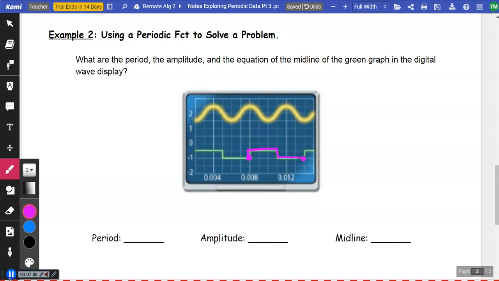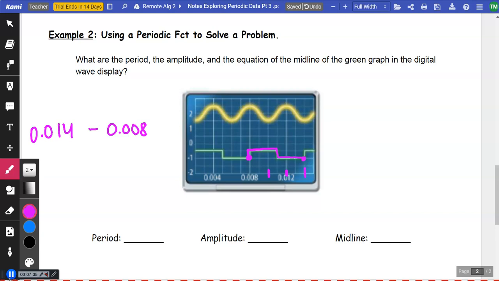Okay, so I am going to identify those x values to find my period. My x value, I'm starting with 0.008 as my least value. And then if this is 0.012, this would be 0.014. Hopefully I'm right.